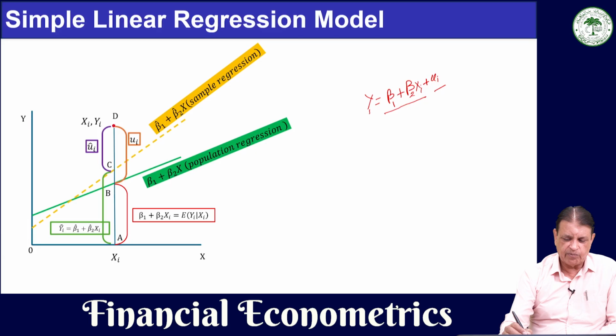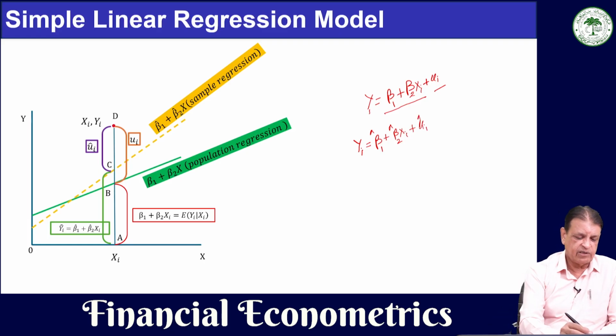So the sample regression function we can write as yi is equal to beta 1 hat plus beta 2 hat xi plus ui hat, that is the estimated value by the sample regression function. So this much is explained by the line, and this is not explained by the line.